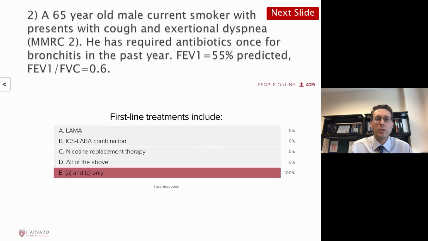First line treatments include A, a LAMA, B, ICS LABA combination, C, nicotine replacement therapy, D, all of the above, or E, A and C only. I'll give you a minute to answer.